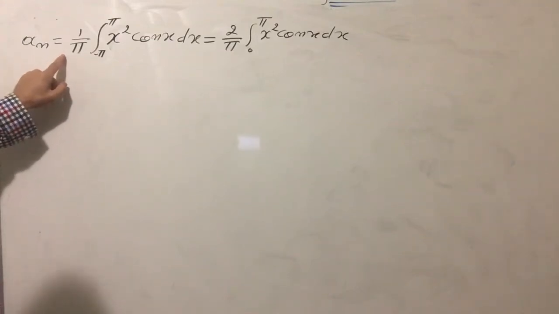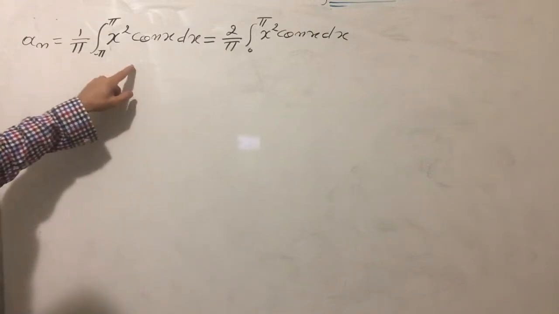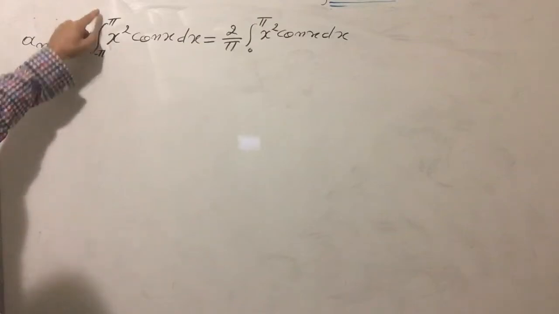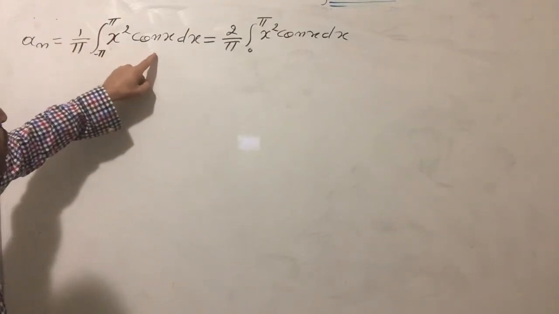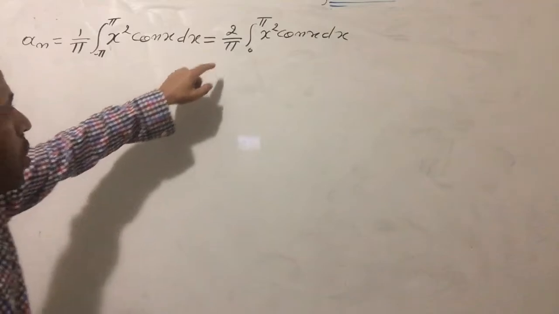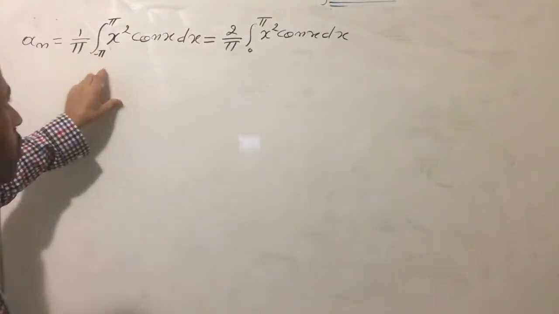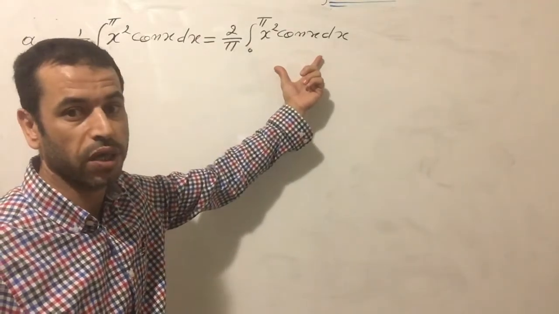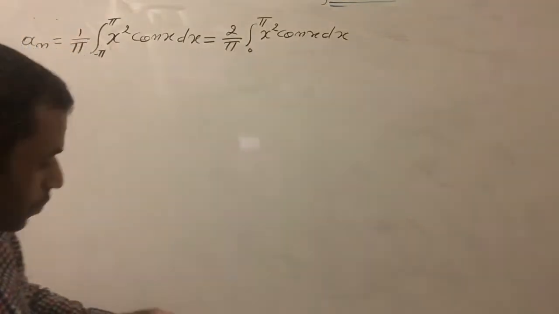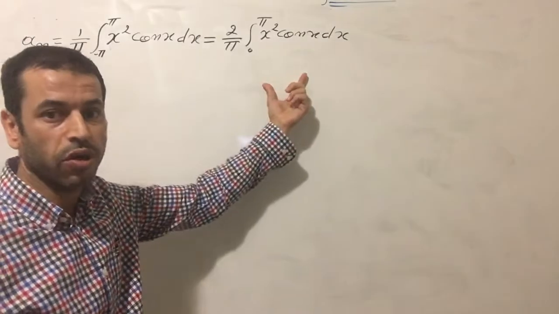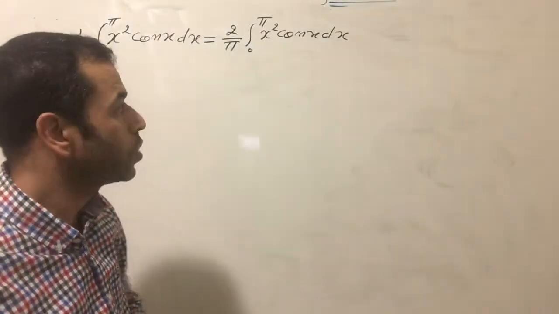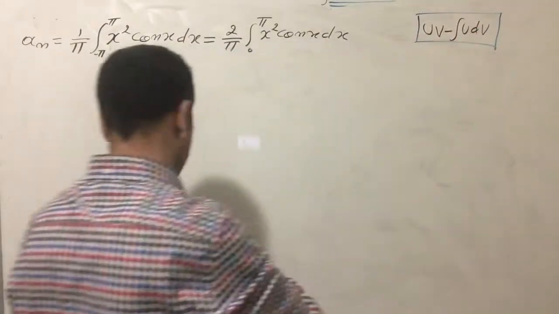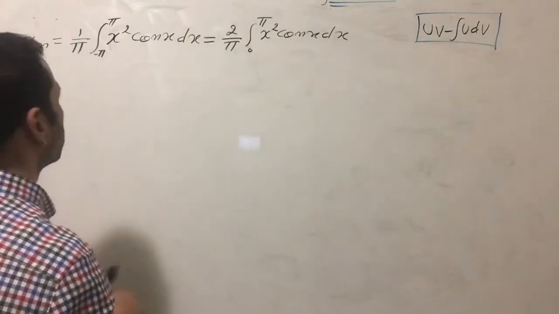This equals 2 times the integral from 0 to pi, because this function is even, since cosine x is an even function. In order to evaluate this integral, I'm going to use integration by parts. This is the integration by parts expression.